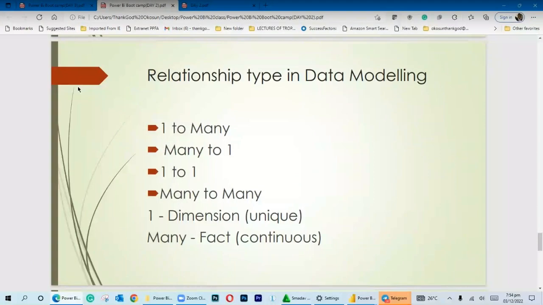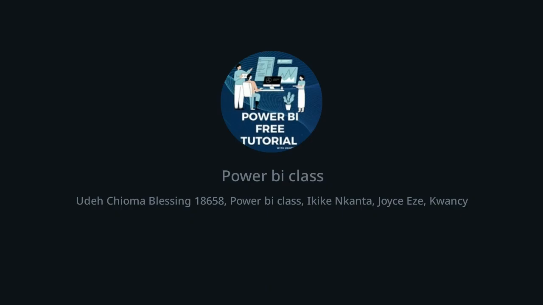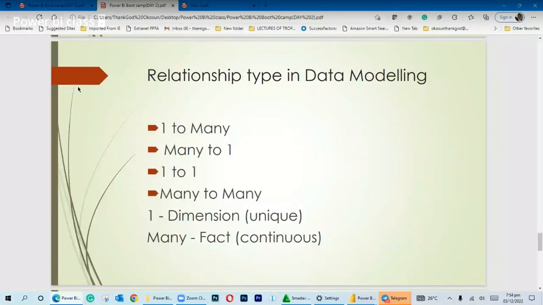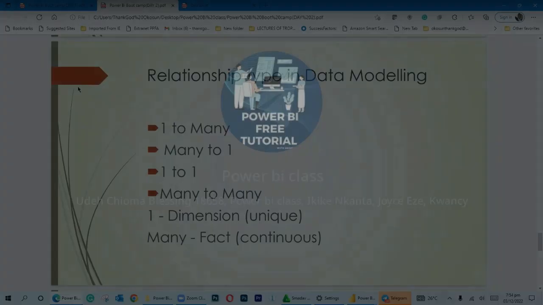What you need to know is that one refers to a unique variable or a dimension, while many refers to a fact table, that is a variable that can be repeated. When we get to Power BI, you will understand it better.